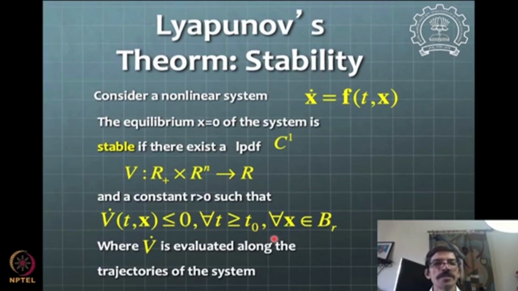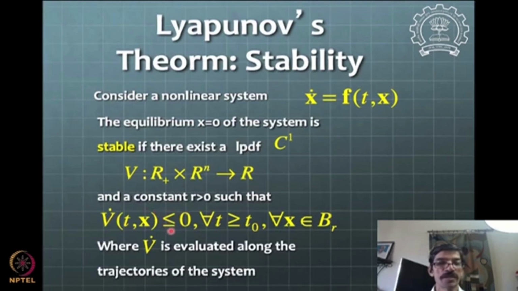Okay, so this theorem on stability says that the equilibrium zero of this system, as we saw earlier, we define the system such that the equilibrium is zero, is stable if there exists an LPDF, a locally positive definite function, which is continuously differentiable at least once, V, defined based on t and x here, a real valued function, and a constant r greater than 0, such that V dot of x is less than or equal to 0.